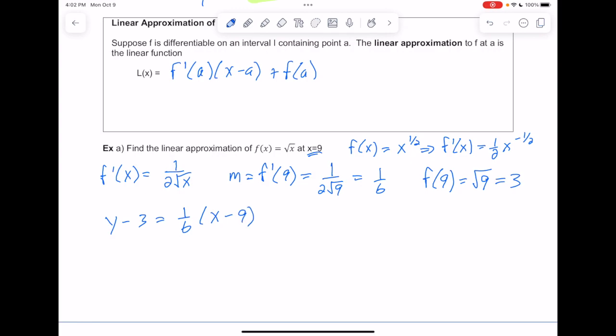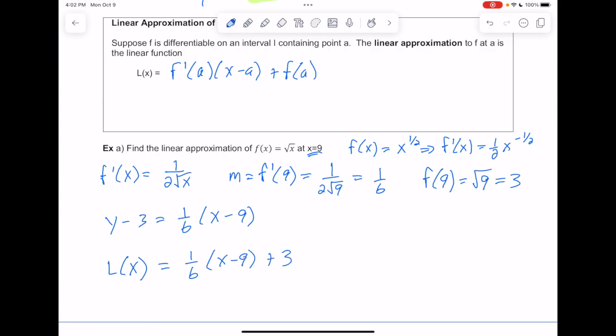And if we add 3 to both sides, that gets y by itself. That also puts it in the format above. So I'll replace y by L of x. So the linear approximation L of x is 1/6 times x minus 9 plus 3.